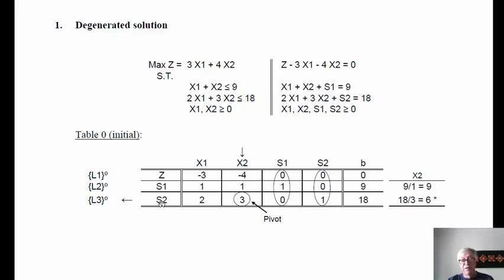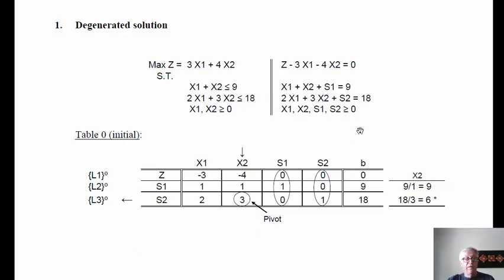And then we just fill in the table with the coefficients. For example, -3 and -4 in the case of Z. In the end, we have 0. And 1 and 2 for the first restriction in x1 and x2. Then 1 in s1 and 9 here in the independent term, and so on.